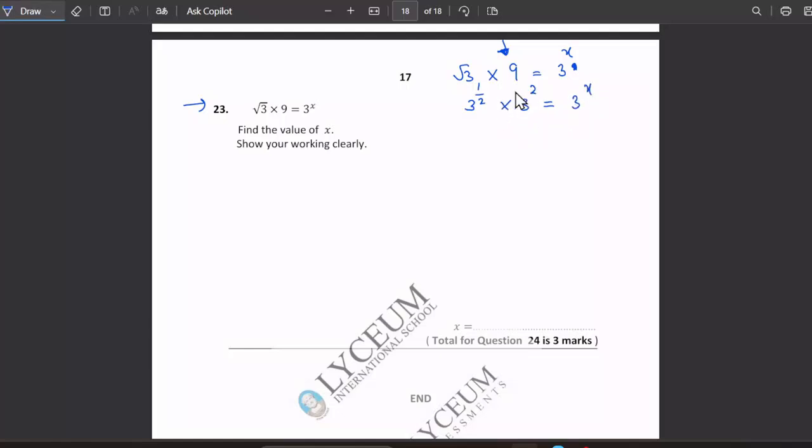We can add these two. Then it will become 3 to the power 5 over 2 and 3 to the power x. Now the bases are the same, so the powers should also be the same. So x equals 5 over 2, that means 2.5.